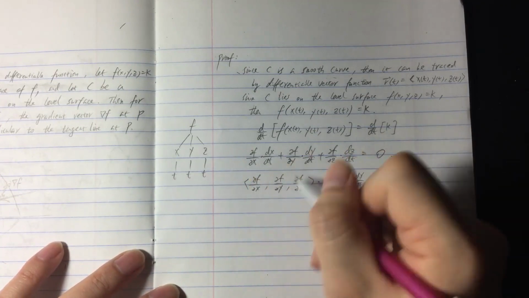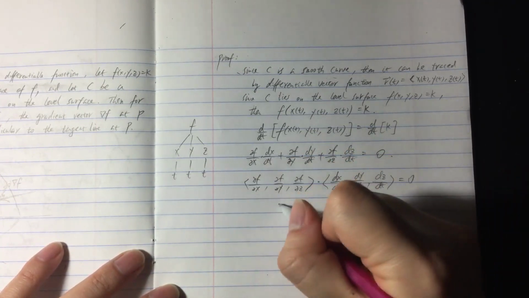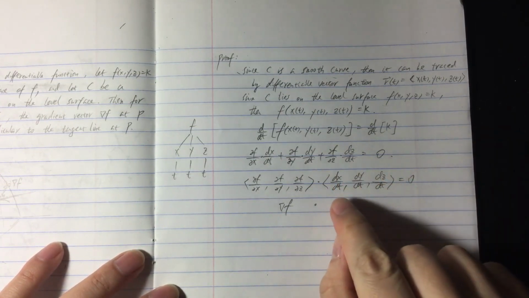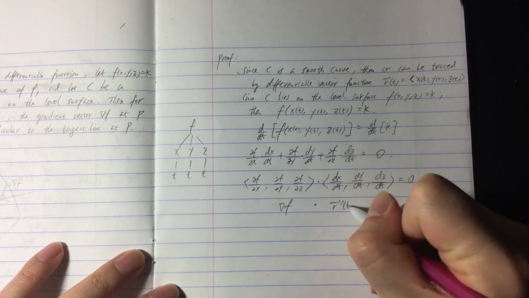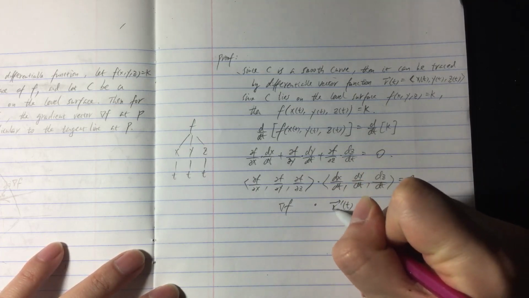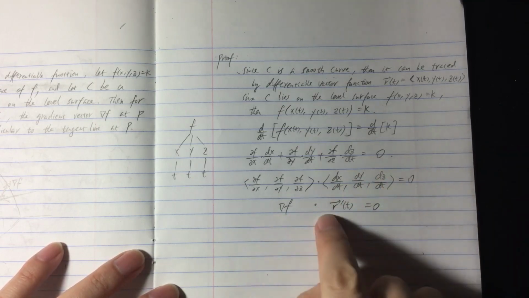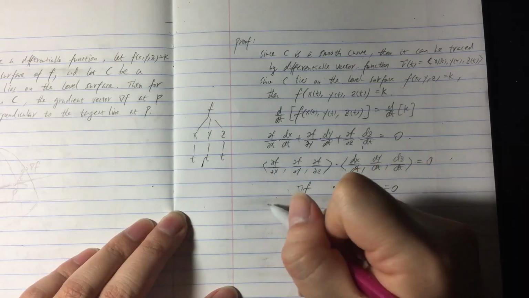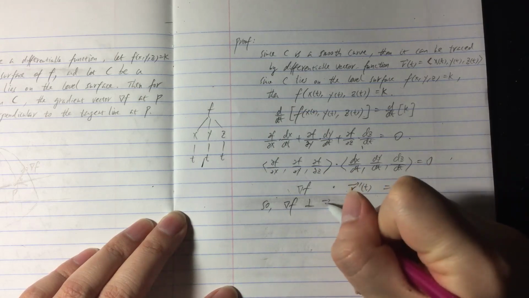This is the gradient vector of function f. This is the tangent vector r prime of t. If their dot product is 0, that means these two vectors must be perpendicular. So the gradient vector is perpendicular to the tangent vector.